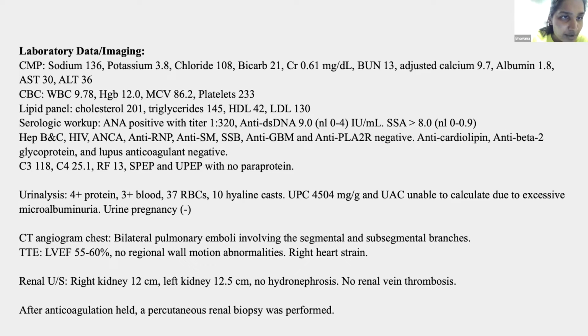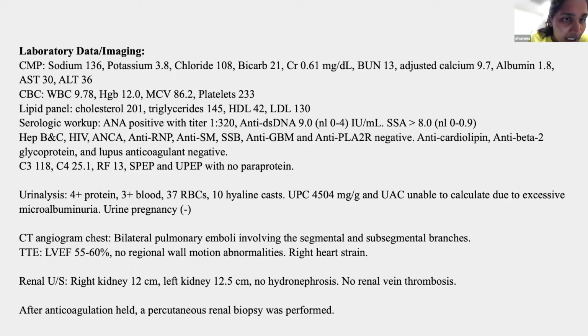CMP: sodium 136, potassium 3.8, chloride 108, bicarb 21, creatinine 0.61 milligrams per deciliter, BUN 13, adjusted calcium 9.7, albumin 1.8, AST 30, and ALT 36. CBC with white count of 9.78, hemoglobin of 12.0, MCV of 86.2, and platelets of 233. Lipid panel showing cholesterol of 201, triglycerides 145, HDL 42, and LDL 130.